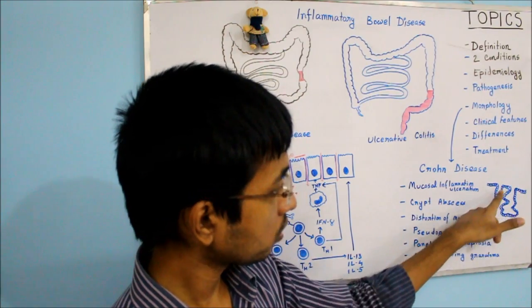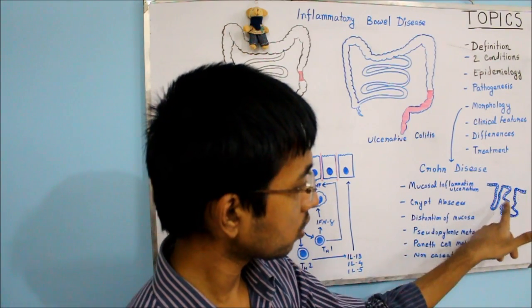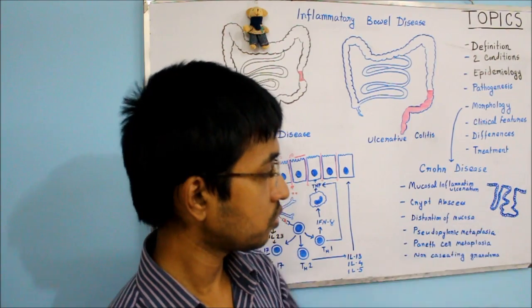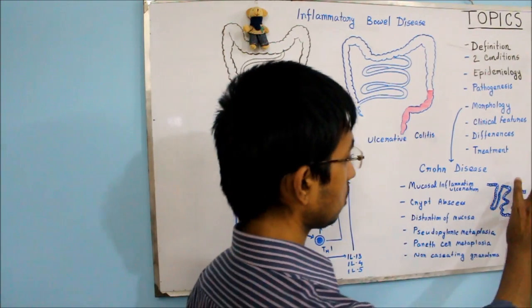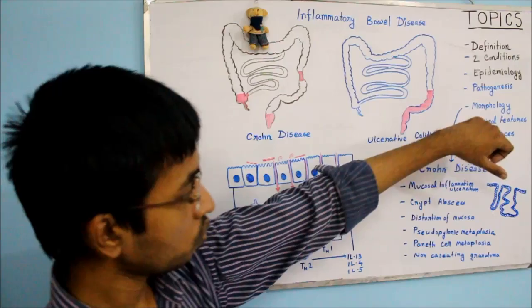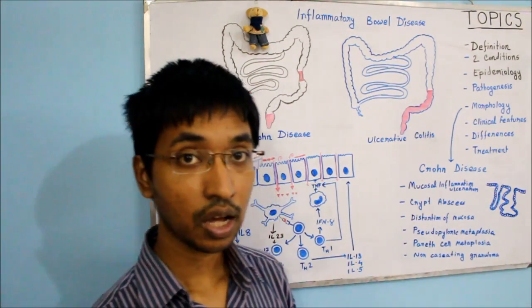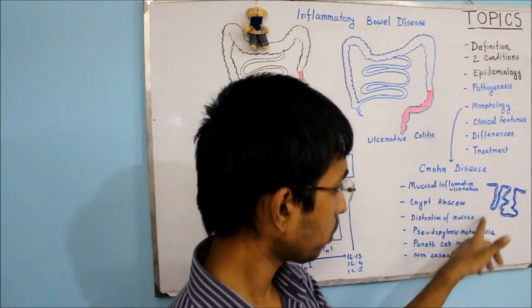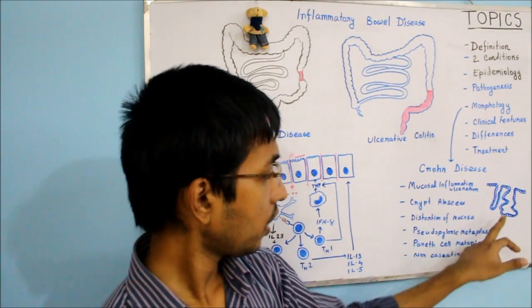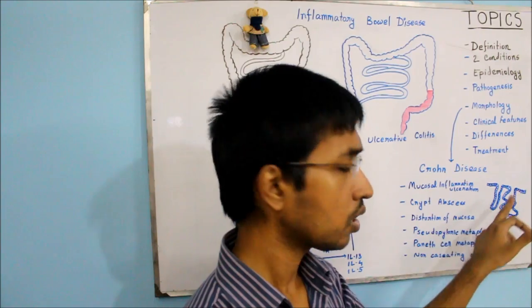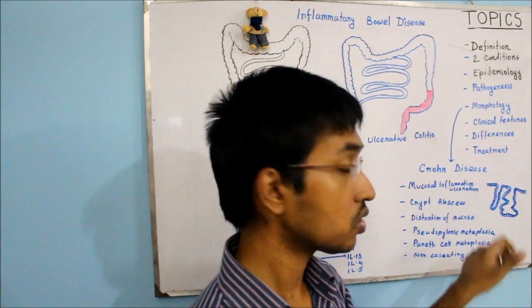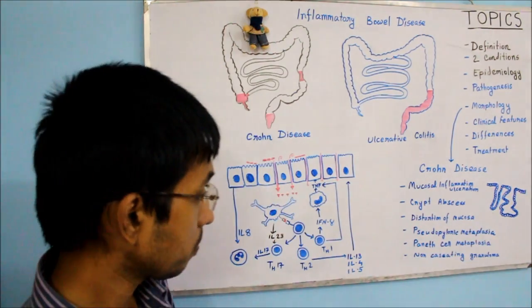So this is a normal crypt and this is an abnormal, bizarre looking crypt, and these are seen in Crohn's disease. So recall that these are the lining epithelium and they are forming crypts. However, this one is normal, straight, parallel, and this one is abnormal, and this one is seen in Crohn's disease.